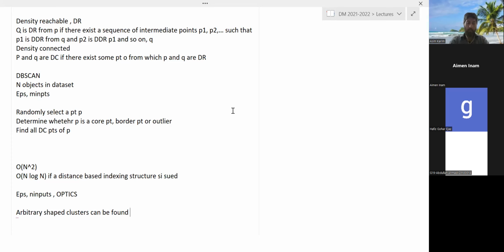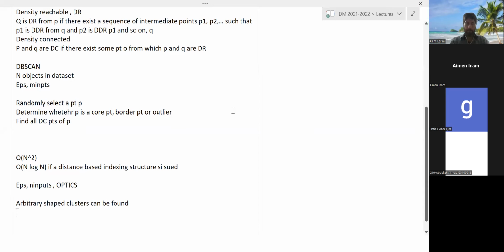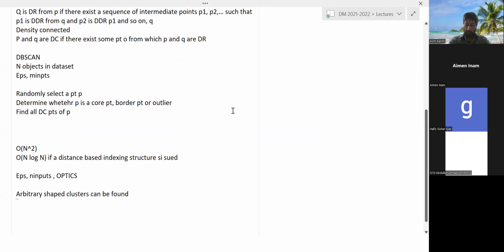And thirdly, of course, noise can be handled intrinsically in the algorithm. Outliers can be handled intrinsically. Remember, we said that if a point was neither a core point nor a border point, it was an outlier. So outliers are identified as part of the clustering algorithm. Okay, so any questions?